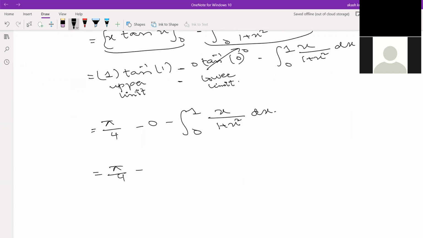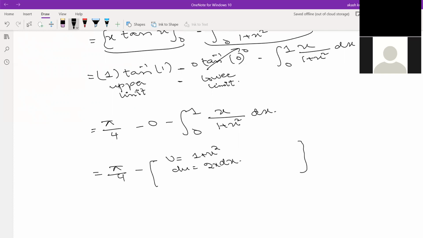Pi by 4 minus, if we see here, there is a derivative of a function inside the function. So we can apply the u substitution here, taking u as 1 plus x squared. So du will be 2x dx.